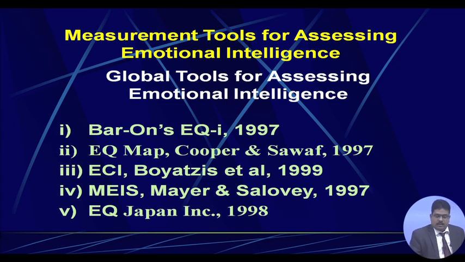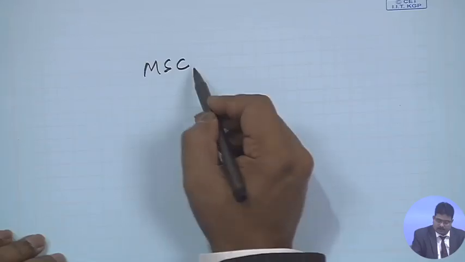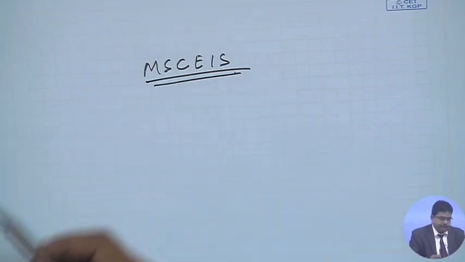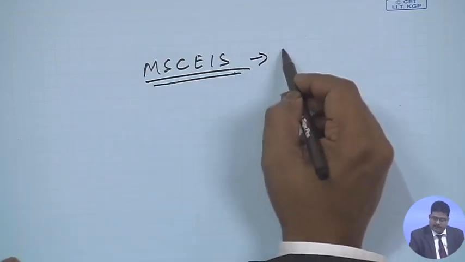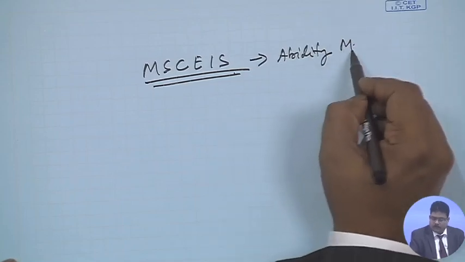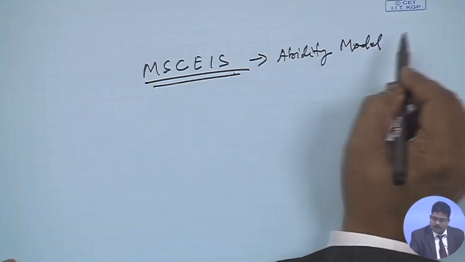So, that is why the next revised tool is the Mayer-Salovey-Caruso Emotional Intelligence Scale. This scale was based on the ability model of EI.